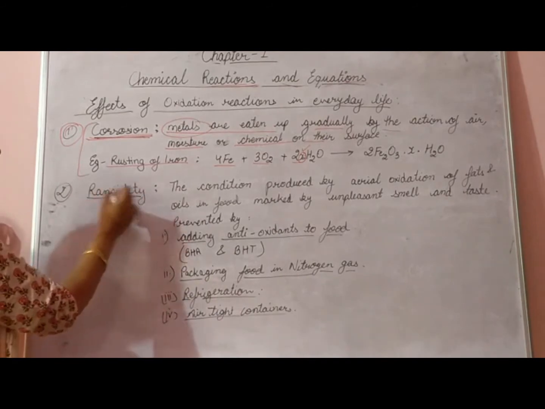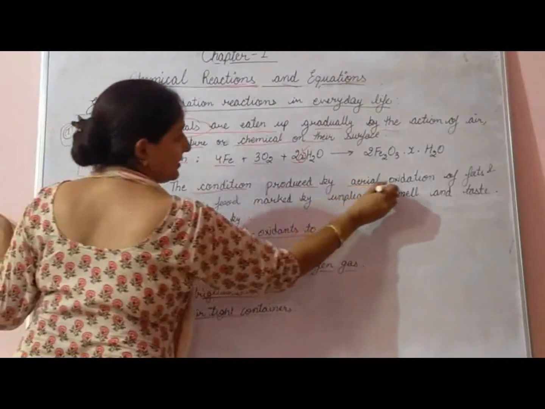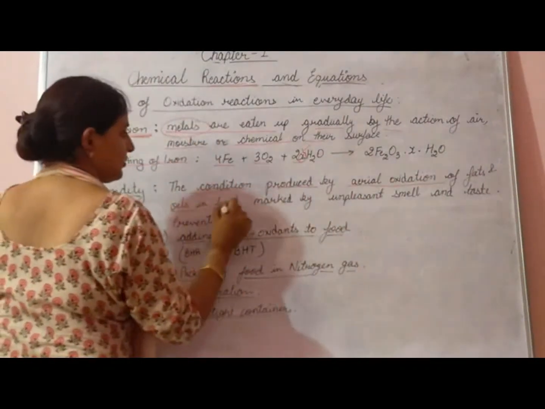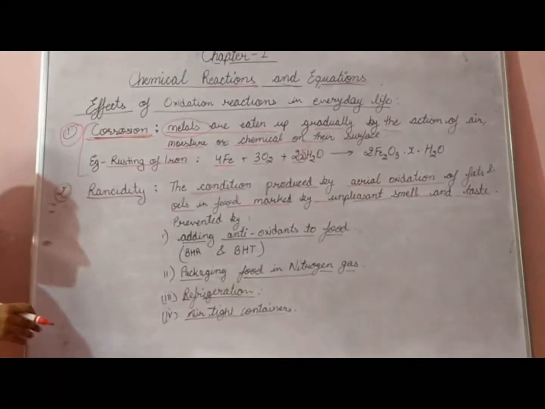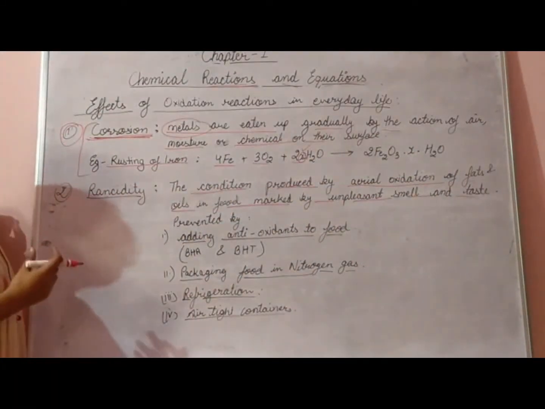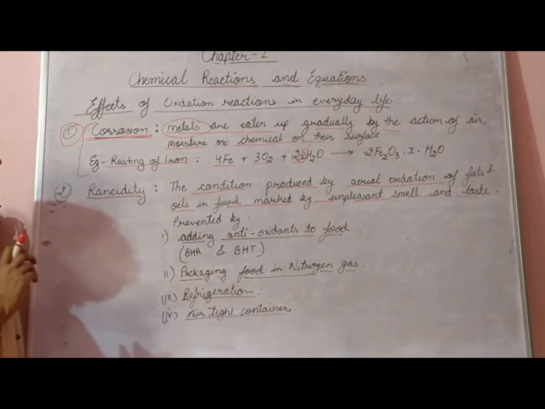Next is rancidity. Rancidity is a condition produced by the aerial oxidation of fats and oil in food, marked by unpleasant smell and taste. Sometimes, if we store food containing oil and fat for a longer period of time, then some unpleasant smell or taste changes will be observed in that food.